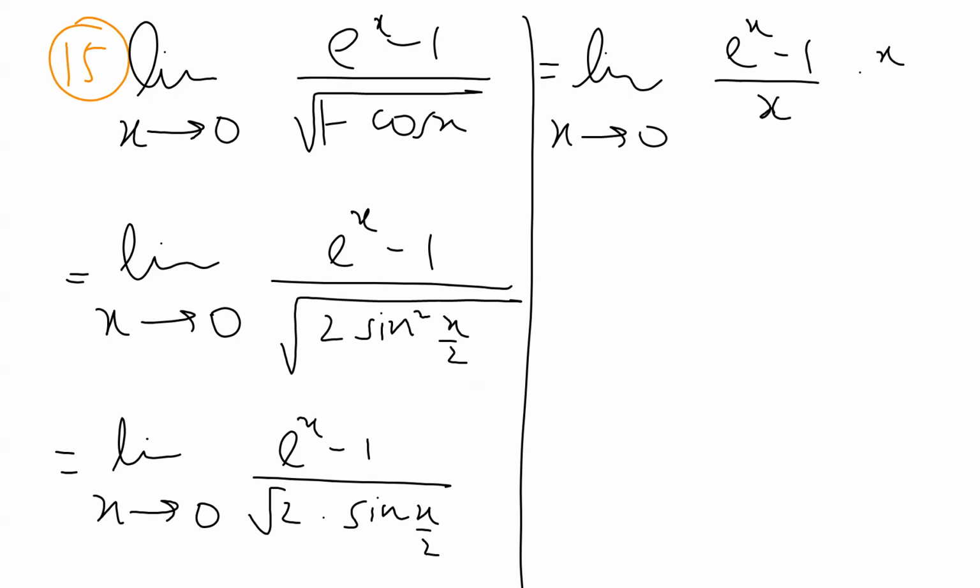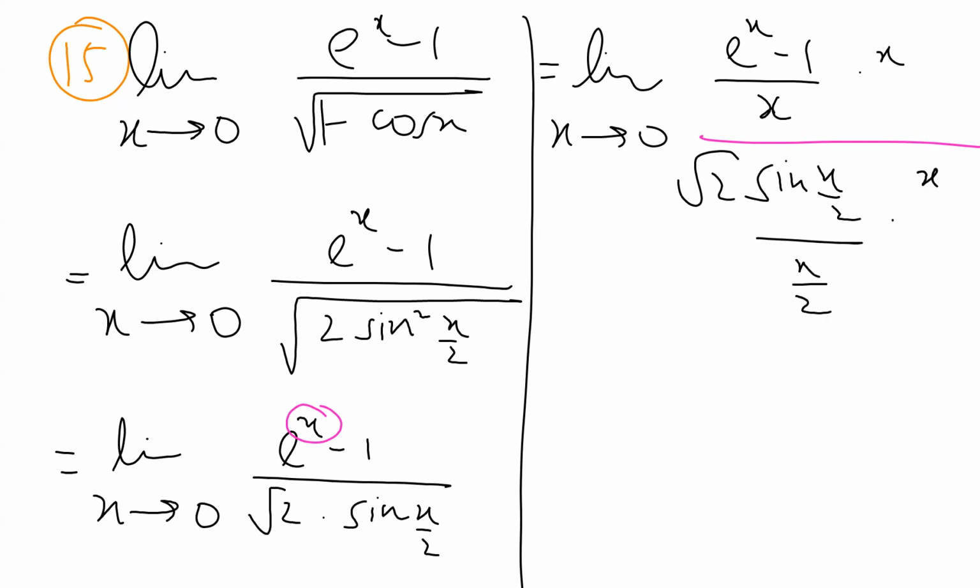Divide by x, multiply by x. There is x over here. Root 2, x by 2, x by 2. So the x can cancel.